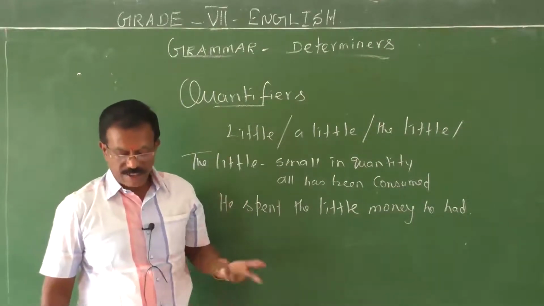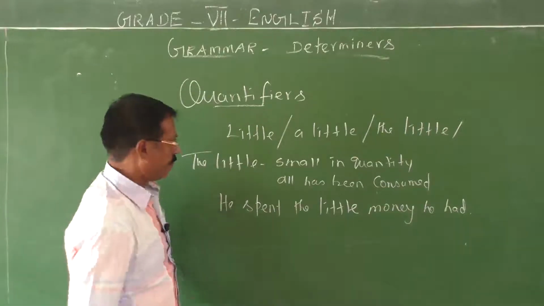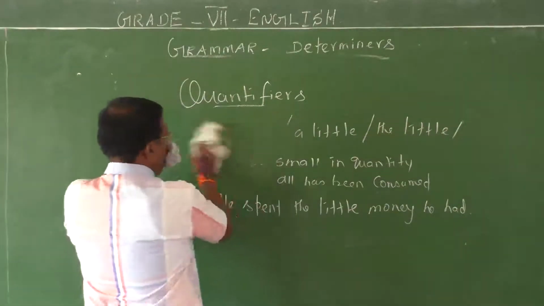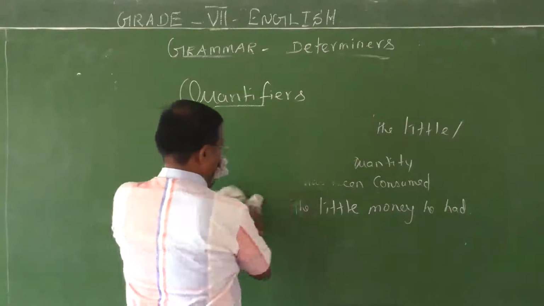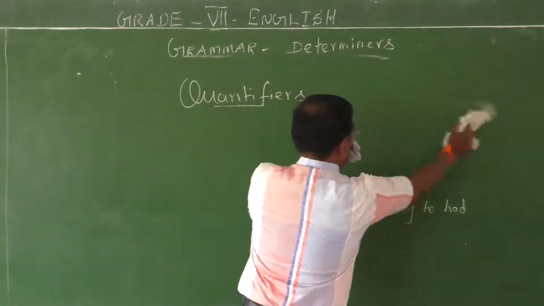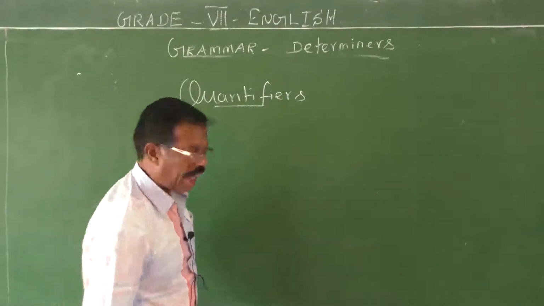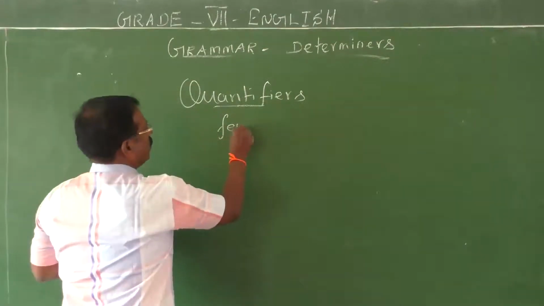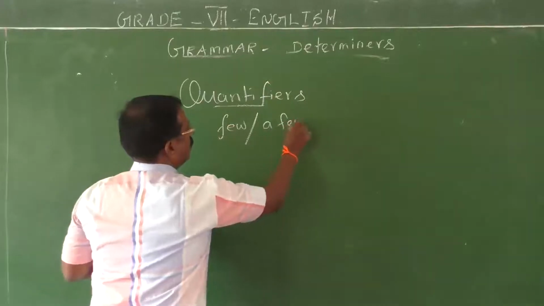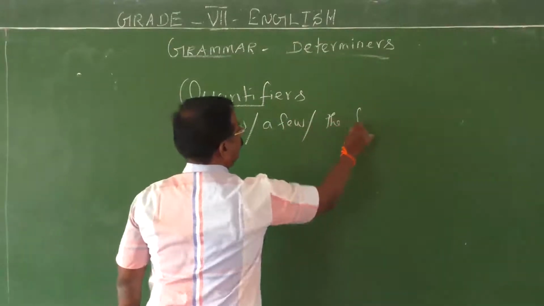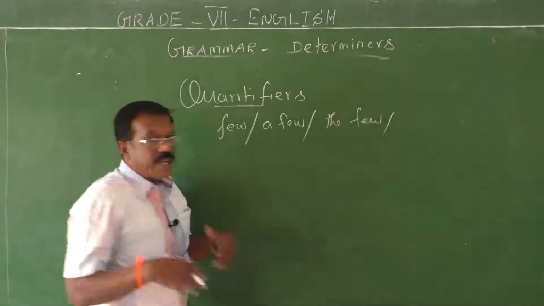Okay, fine. Next quantifier, few. See, few, a few, the few. They are used before countable nouns.